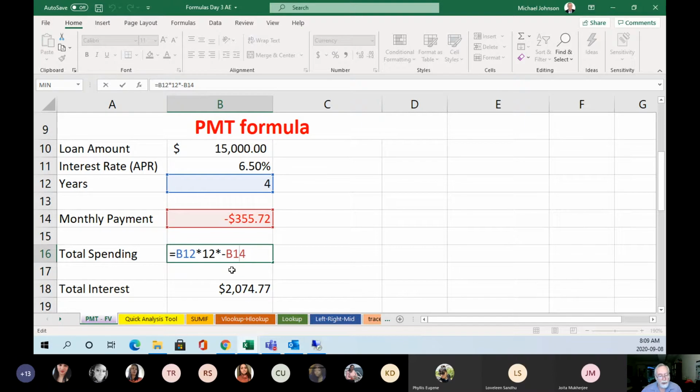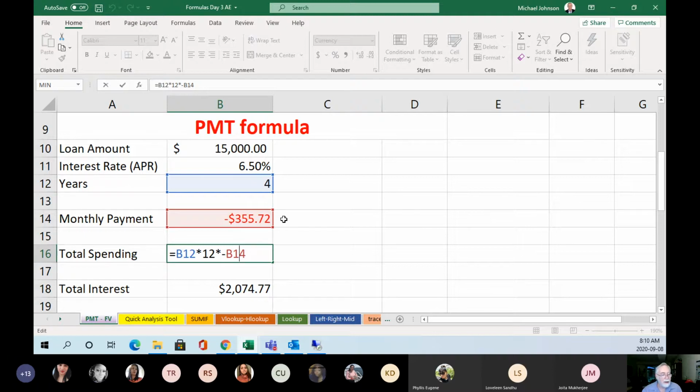But here's a little caveat for you. There's a minus sign here. Now, I didn't explain why this monthly rate is actually a negative, but the 15,000 is what we borrowed, and the $355 is what we are subtracting on a monthly basis. So it will automatically come up with a negative figure. Therefore, if I want a positive figure to tell me how much in total, I have to put a negative in there, because if you remember back in grade school, they said that when you have a plus and a minus, it's always a negative.